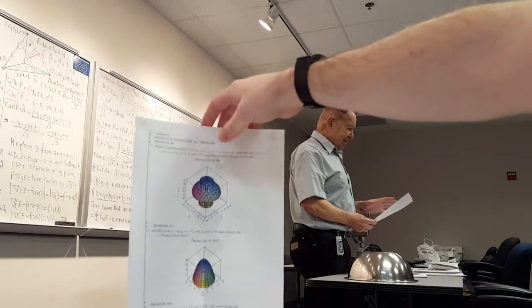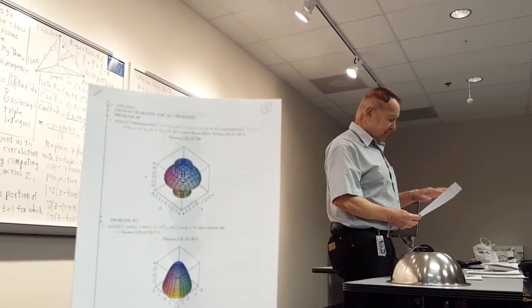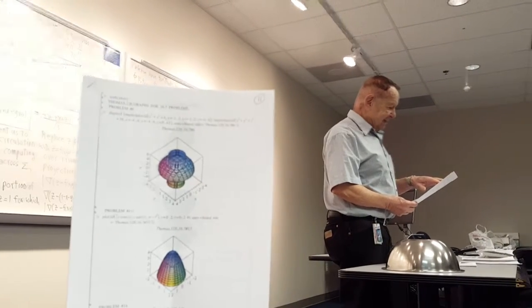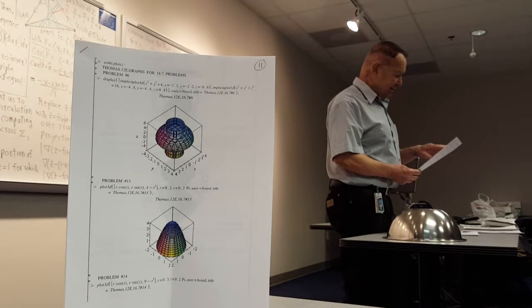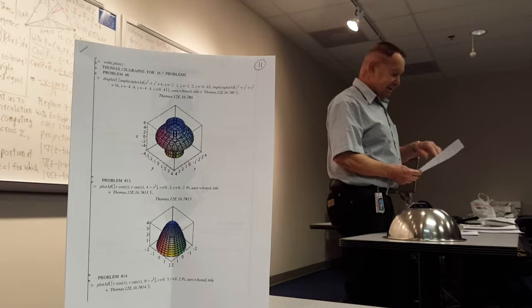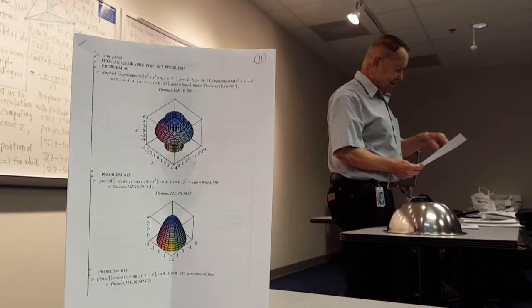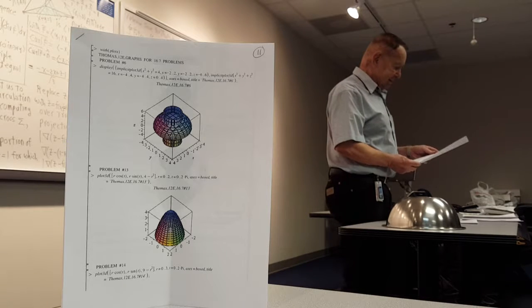Again, if you have two or more plot structures, you need the display. So implicit plot x squared plus y squared equals 4, and you see that's going to be your cylinder. And then implicit plot x squared plus y squared plus z squared equals 16, and that's your sphere. So that's your problem 6.